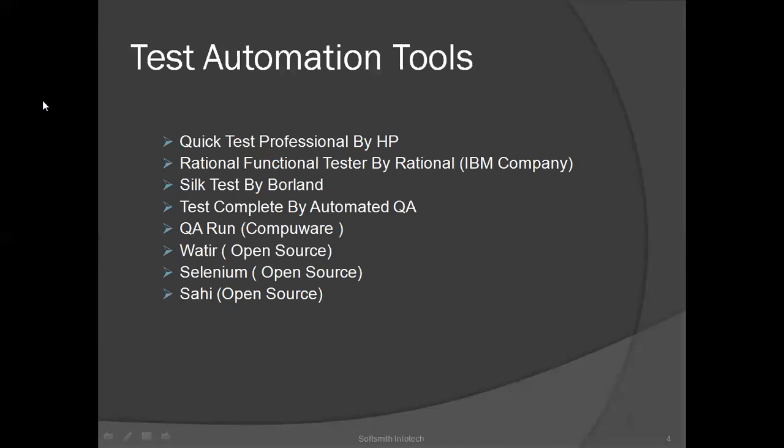Now everyone is concentrating on Selenium test automation. Then RFT is there, from IBM. Then SilkTest by Borland. TestComplete is also there, the QA Run, Compuware, then Watir, which is open source. Then Selenium, which is open source, and there is the Sahi automation tool as well available in the market.